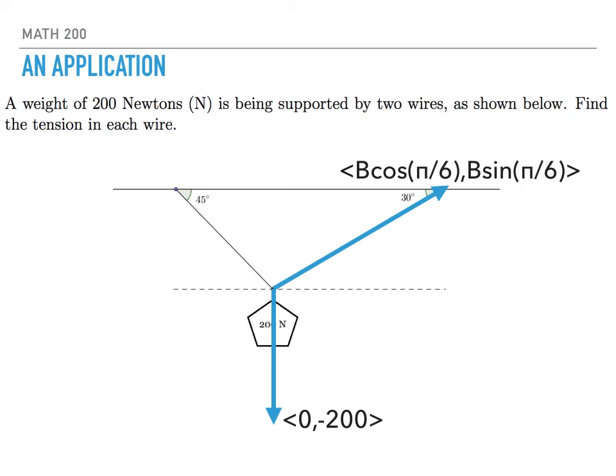Sorry, I know the pi's look a little funny in this font, but those are pi's. And then in the leftwards direction, I've got another vector. It has a length of a. I don't know what a is, that's what I want to find out. Except it's in the 3 pi over 4 direction, because it's going to the left at 45 degrees, so it's actually 135 degrees.